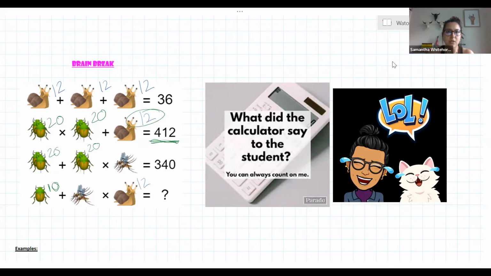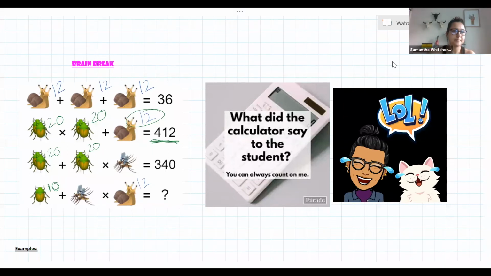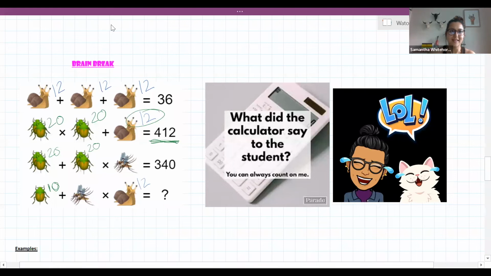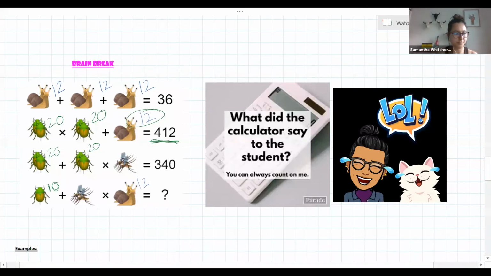Nompumelelo, do you want to give us another one? So, ma'am, the mosquito is 16. So I'm gonna say 20 plus 20, which gives me 340.